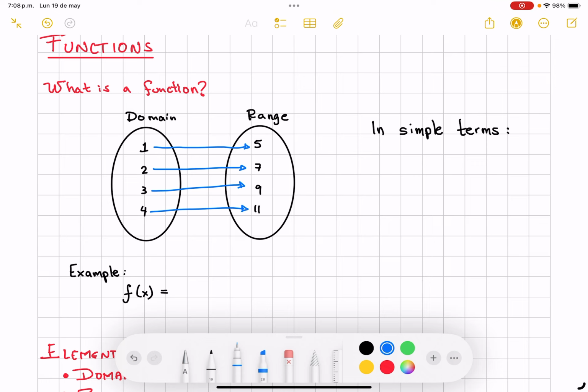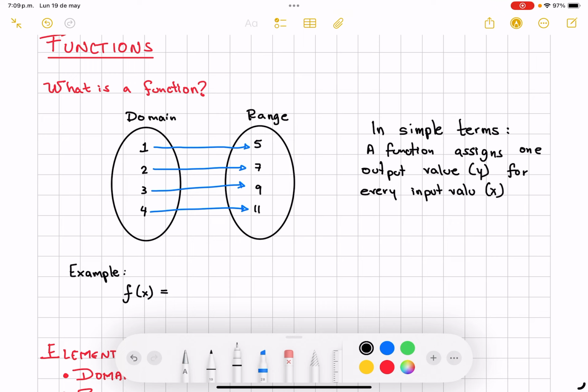So what is a function? In simple terms, we can say that a function assigns one output value, usually the letter y, for every input value, and the input value is usually the x.